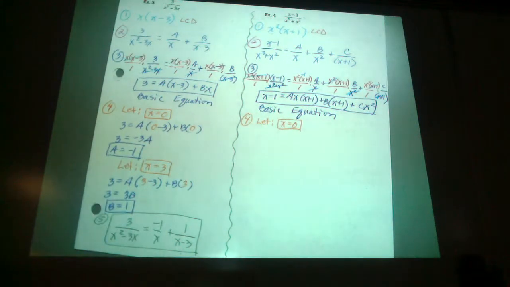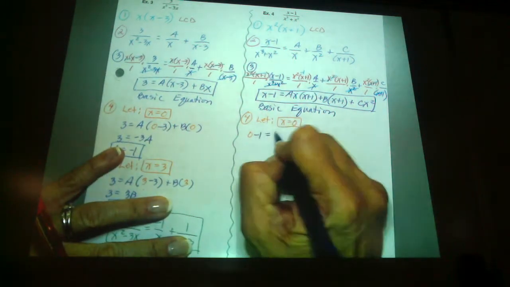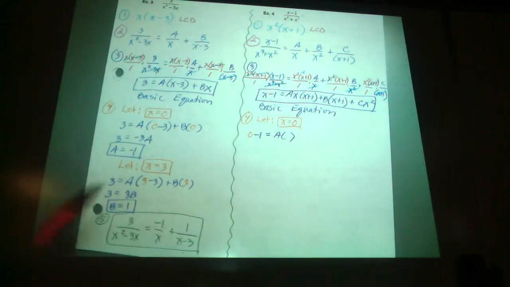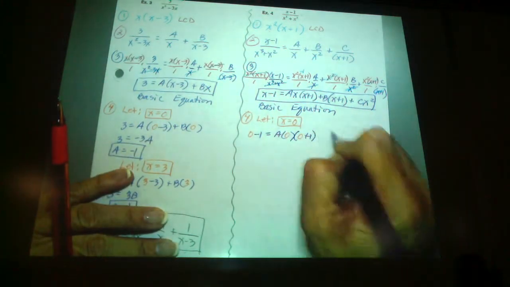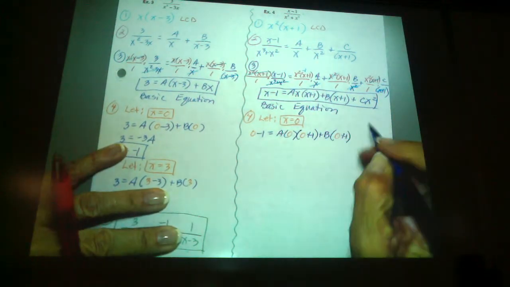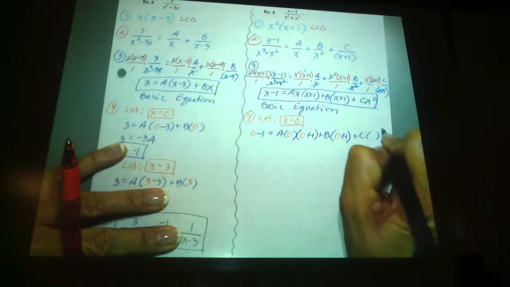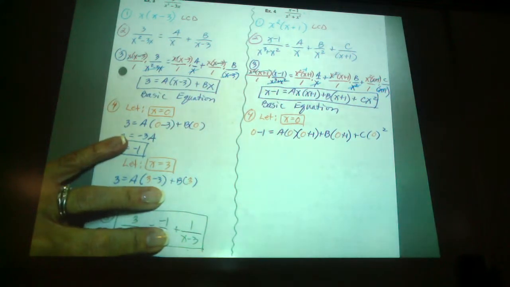So wherever you have x, put 0 in for x. So I'm going to start off with 0 minus 1 equals, I don't know a, put in 0 for x, 0 plus 1, I don't know b, 0 plus 1, and then plus I don't know c, but we're going to square the 0.